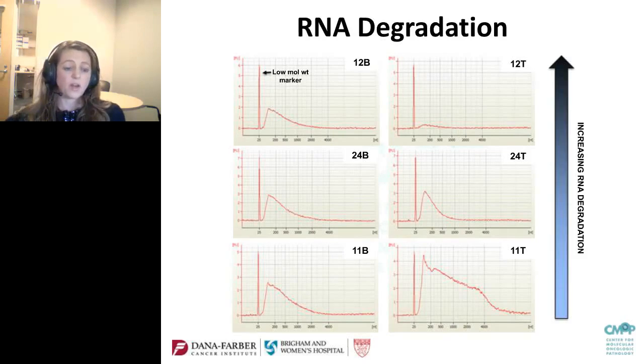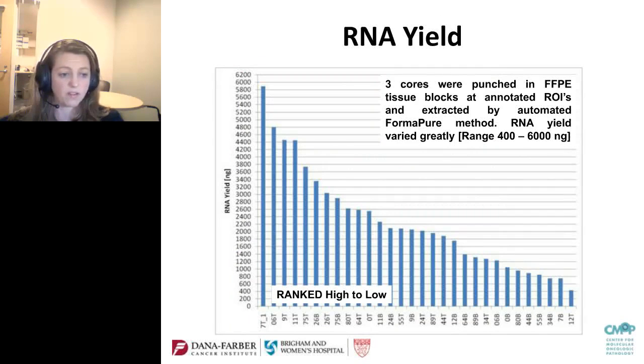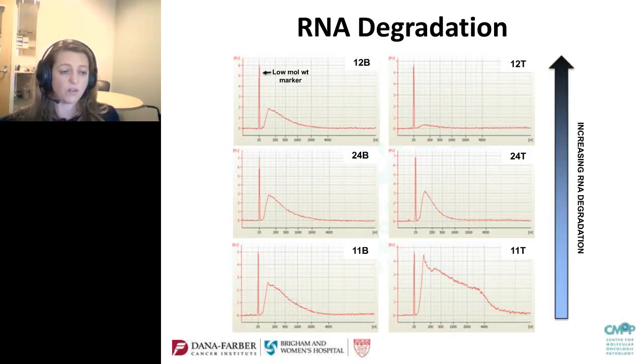And then if you pull out a number of these samples, so we have tumor normal pairs, so pair 12, pair 24, and pair 11. This is just to give you an idea of what this previous slide, so this is what the RNA concentration looks like, what this translates to in terms of RNA degradation. And on the bottom, you can see that in the case of sample 11 in the tumor, this hump here and the way this trace looks is that there's actually larger fragments of RNA still present in this sample.